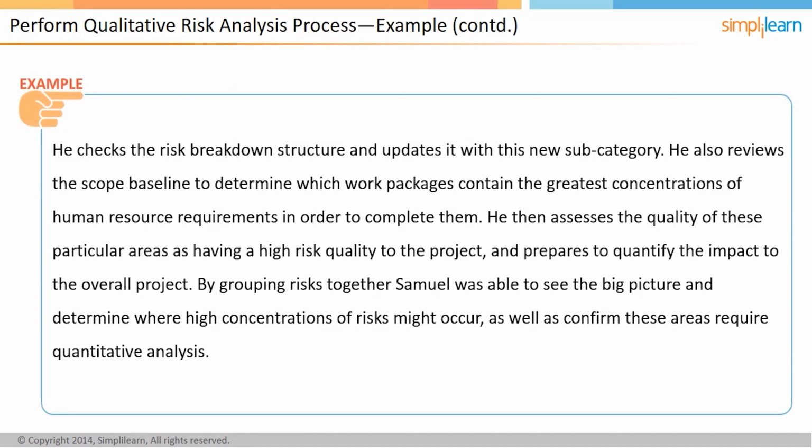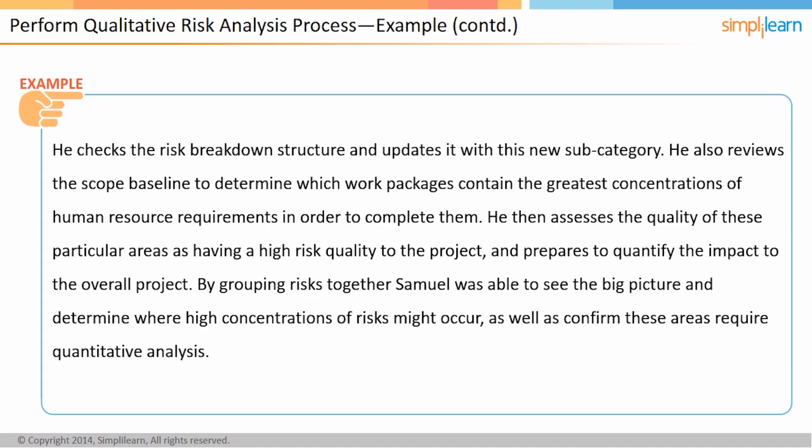He checks the risk breakdown structure and updates it with this new subcategory. He also reviews the scope baseline to determine which work packages contain the greatest concentrations of human resource requirements in order to complete them. He then assesses the quality of these particular areas as having a high-risk quality to the project and prepares to quantify the impact to the overall project.